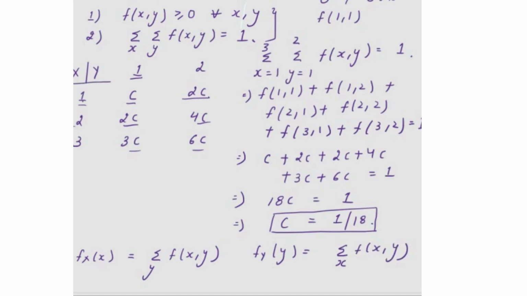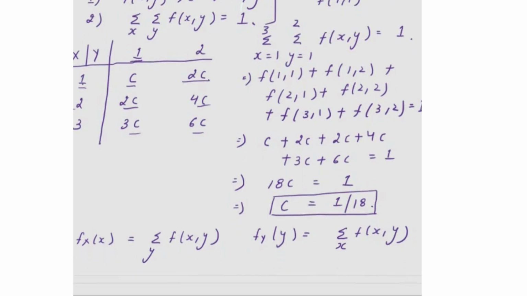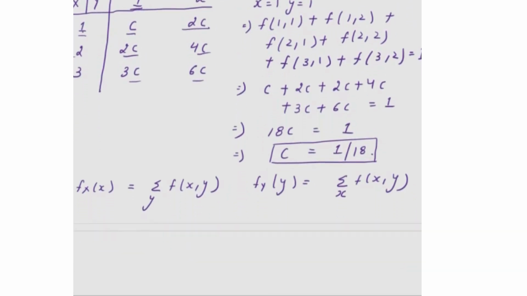So I am just plotting this probability mass function again. For this we have x values and y values. x is taking values 1, 2, 3, and y is taking values 1 and 2. So at x equals 1, y equals 1, this is c.